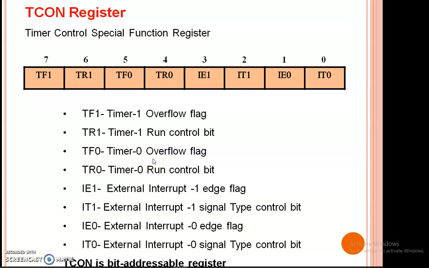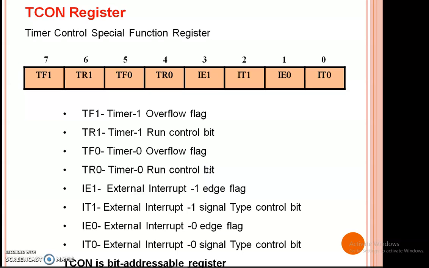So what are INT1 and INT0? These two pins are there in the pin diagram of 8051, and you can attach two external devices to these two pins. Whenever an external device attached to the INT1 pin generates an interrupt, IE1 will become 1 automatically.